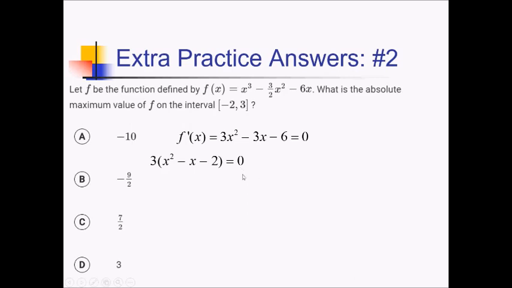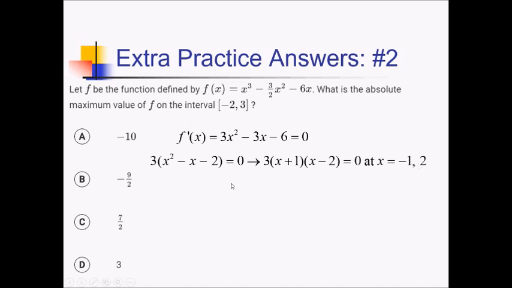And then, two numbers that multiply to -2 and add up to -1 would be x plus 1 and x minus 2. So we see this is going to be true at x equals -1 and x equals 2. -1 and 2 are both on the interval from -2 to 3. So that means we have to test out the endpoints plus 2 more critical values.